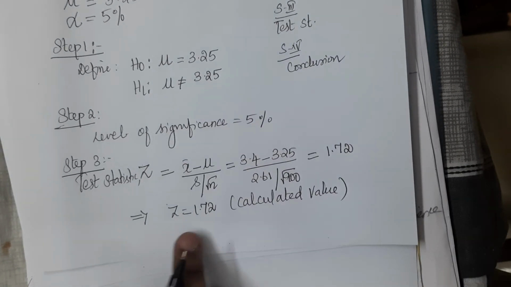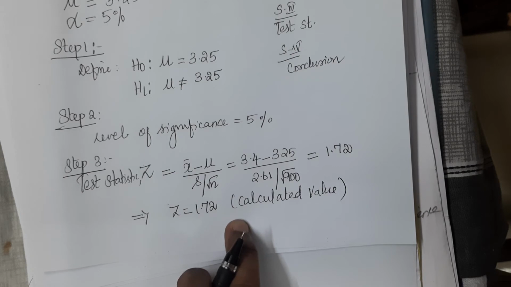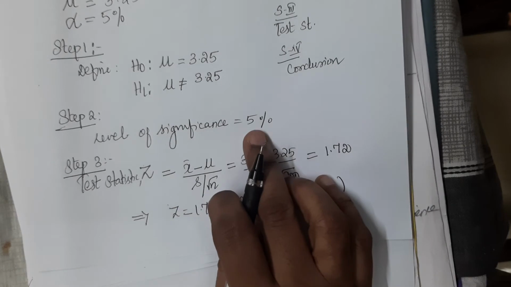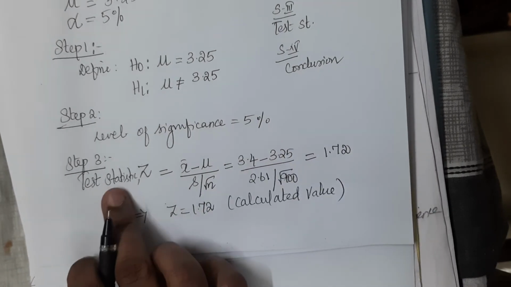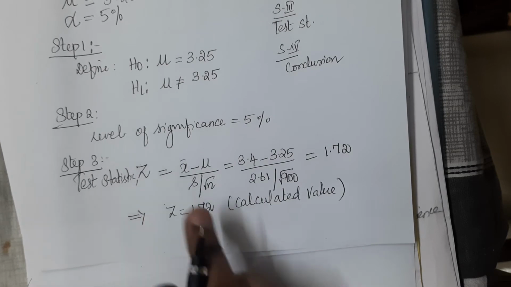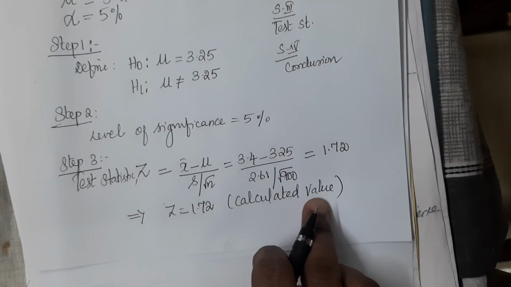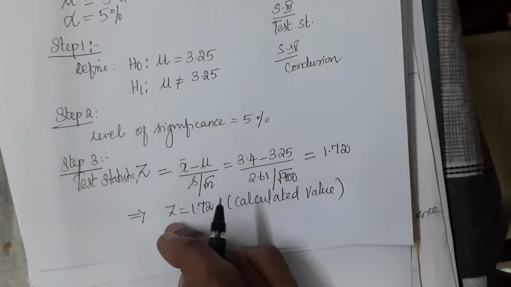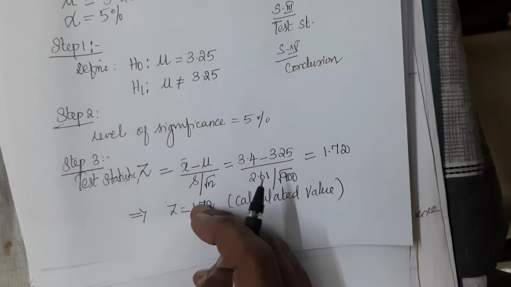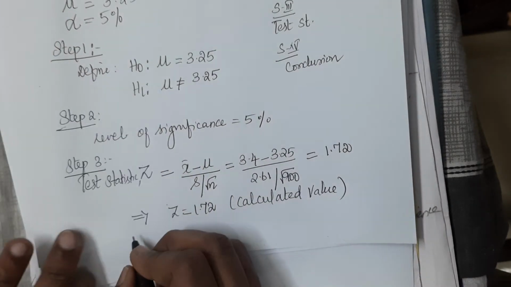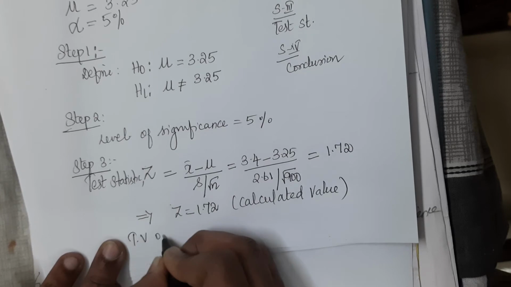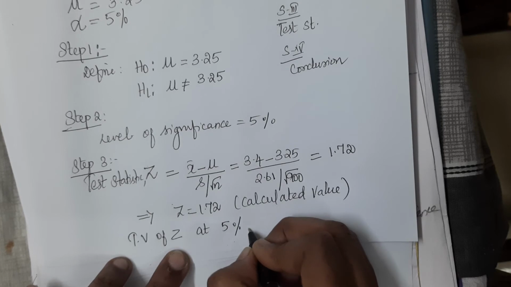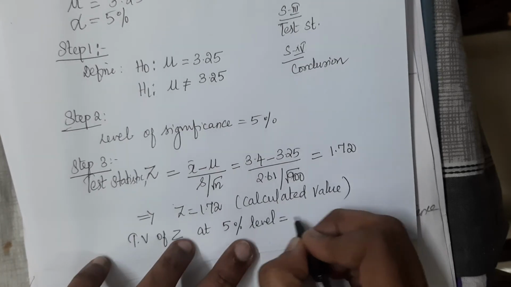Once the Z value is calculated using the test statistic formula, we have to write down the corresponding table value of Z at the chosen level of significance.